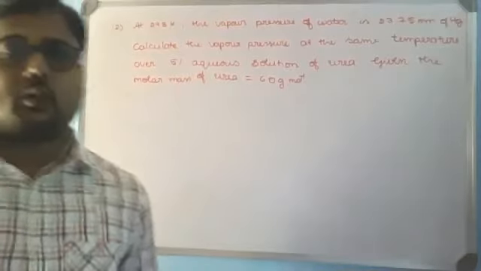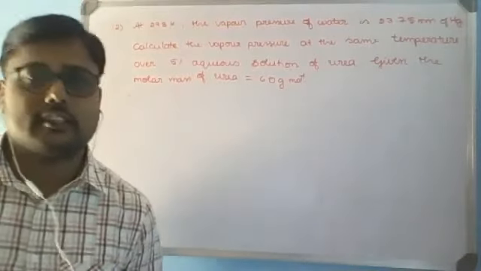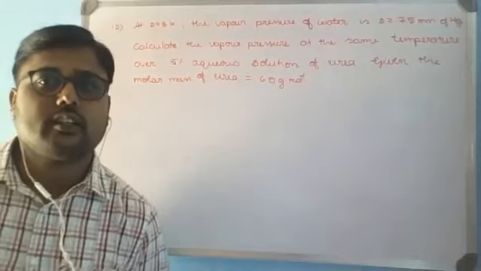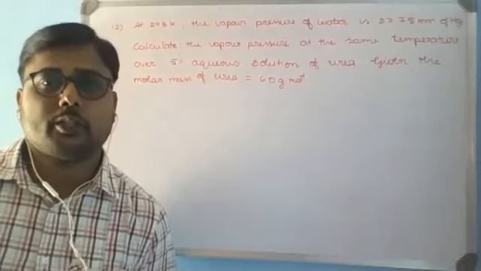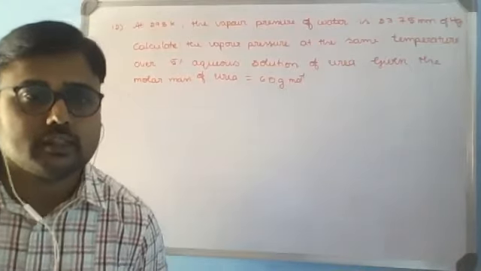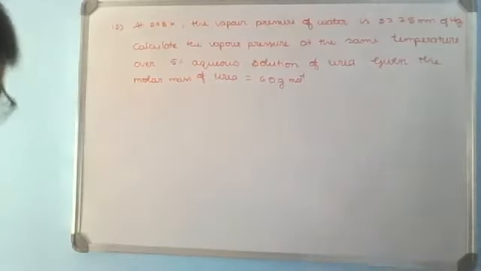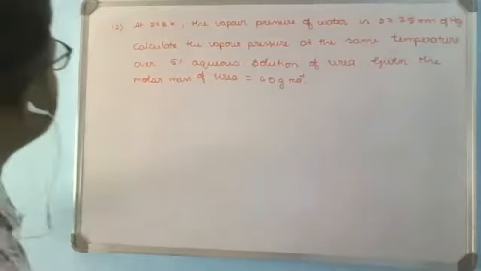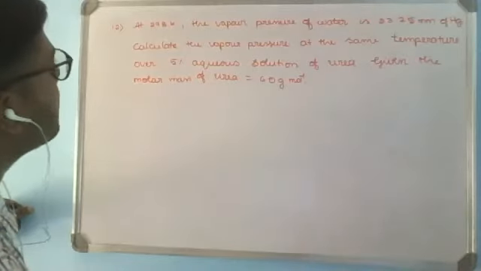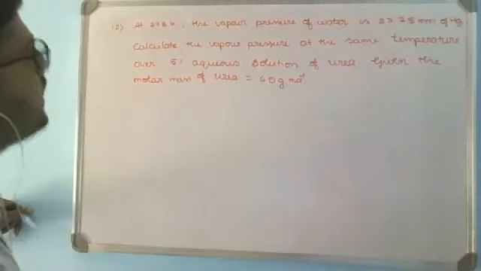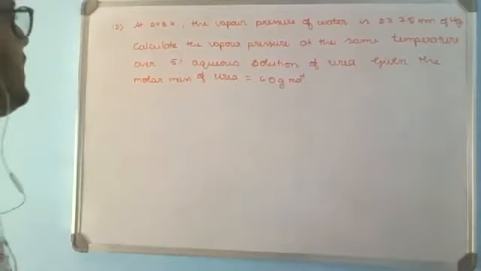We'll consider one more similar type of problem, but here instead of molar mass calculation, they have given the vapor pressure of the solution to find out. It's from one of the PU question model papers. So if we observe the question now, at 298 Kelvin, the vapor pressure of water is 23.75 mm of Hg.